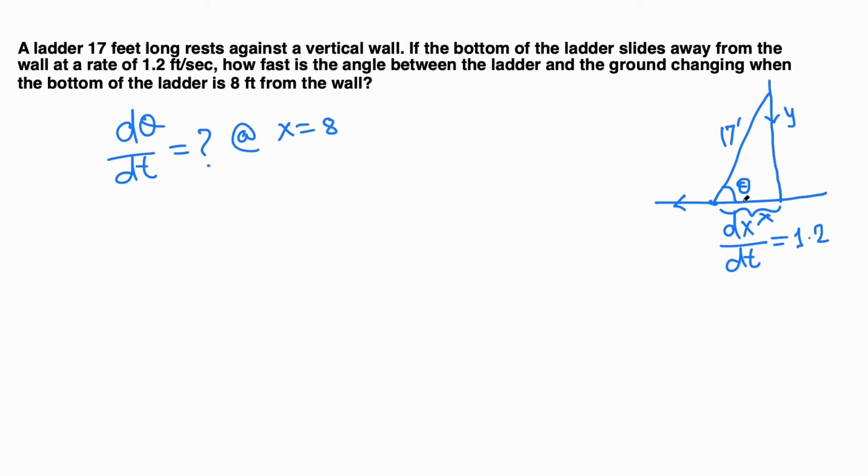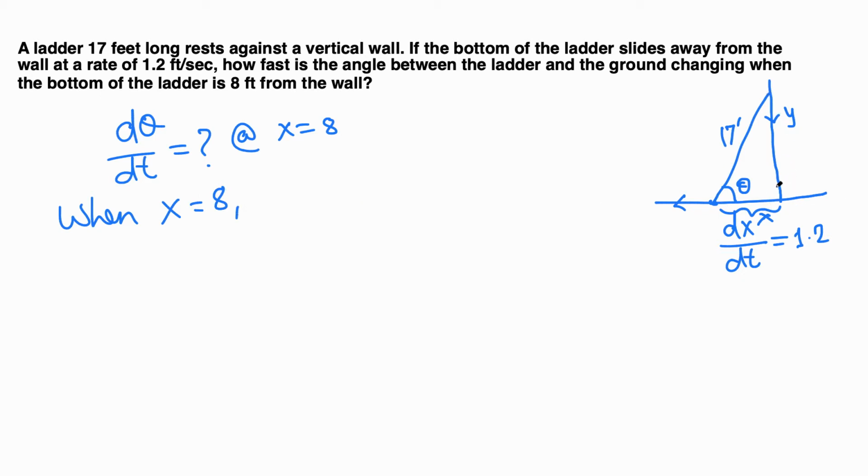Somehow we need to involve the 17, theta and x, but at the moment when x is 8, we might be able to find the location y. So when x is 8, we can find y.